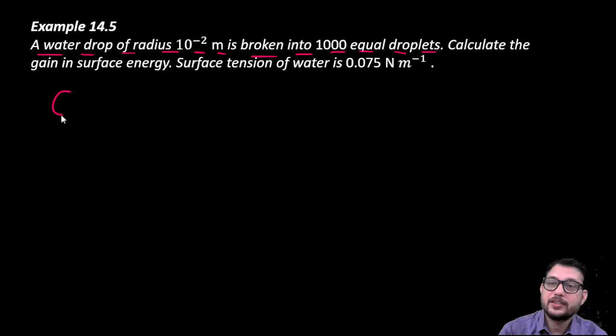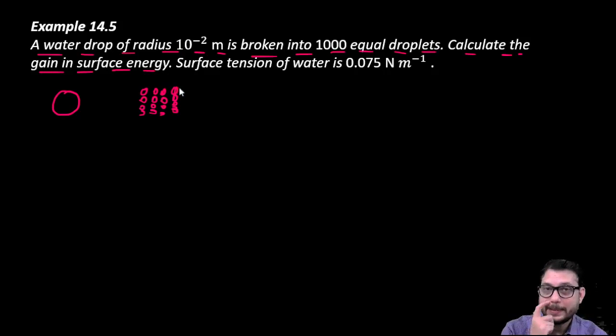Let's suppose this is your drop, and it is distributed in this way into 1000 droplets. Now calculate the gain in surface energy. Surface tension is given to you. As I have told you, if you know the surface tension and the surface area, then you can easily calculate the surface energy.